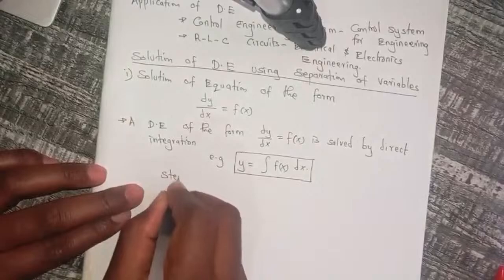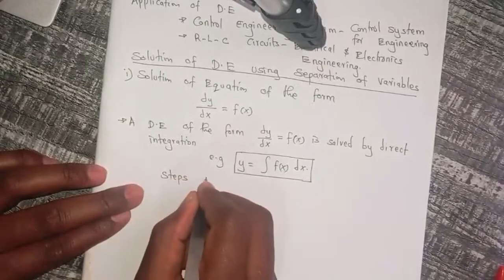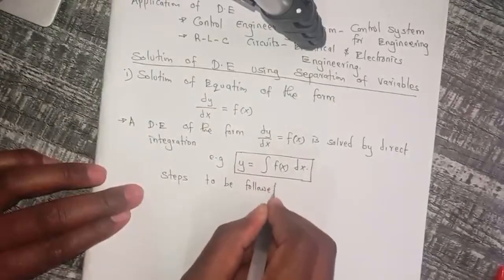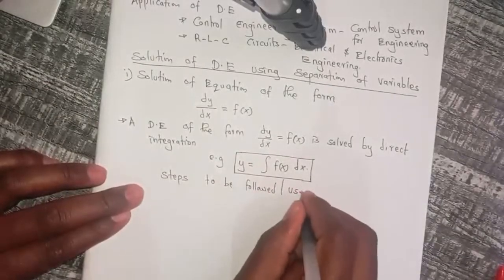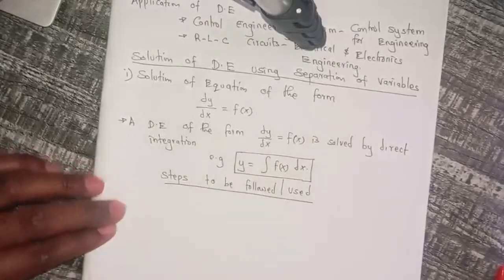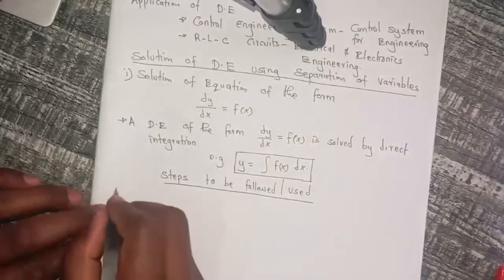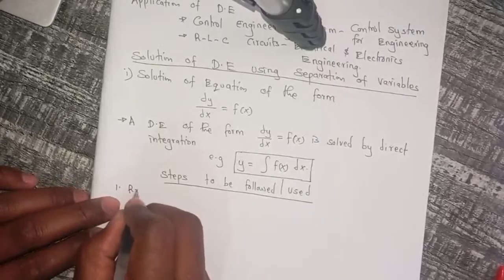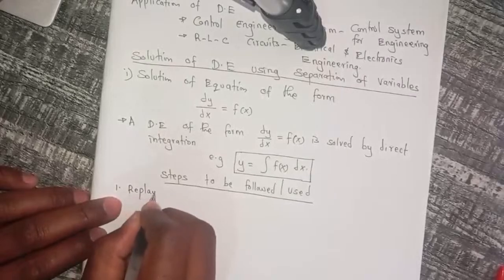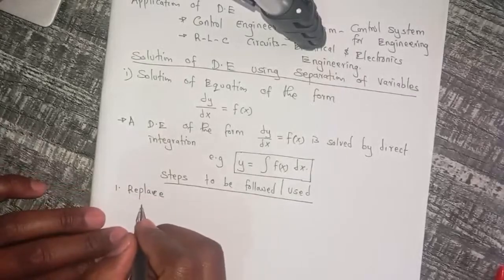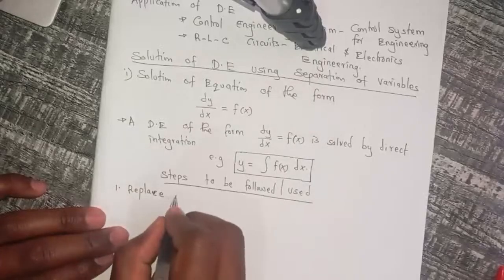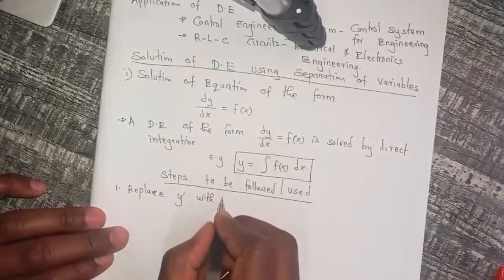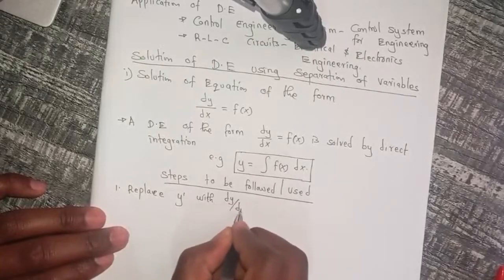Let's investigate the steps to be followed. Step number 1, you replace y prime with dy over dx.